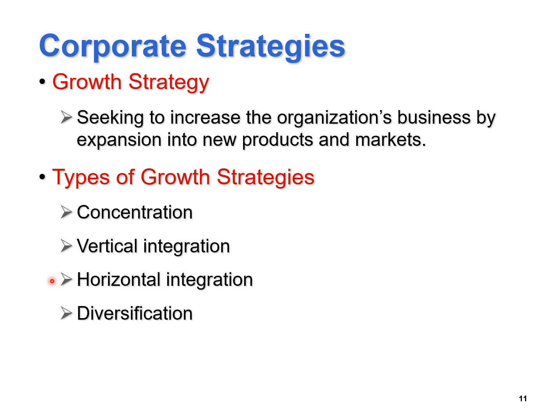And in growth strategy, the fourth strategy is diversification. In diversification, an organization is going to have two types of diversification. Number one, related diversification, and number two, unrelated diversification.